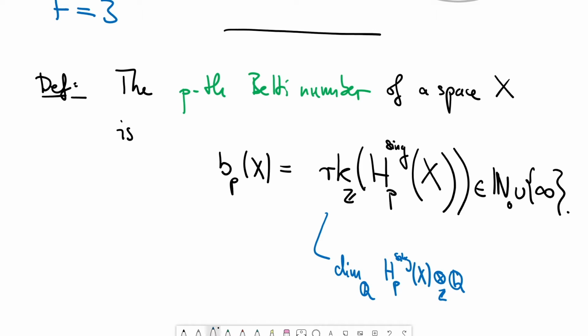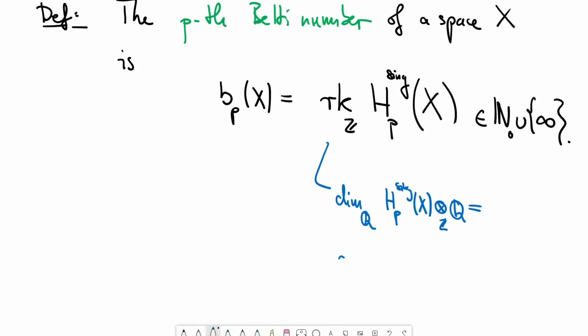Actually, I will most often drop these brackets here. And this is also the same as taking the dimension of singular homology with coefficients in Q.